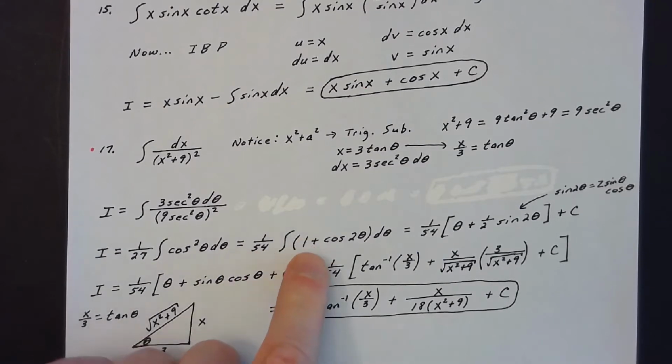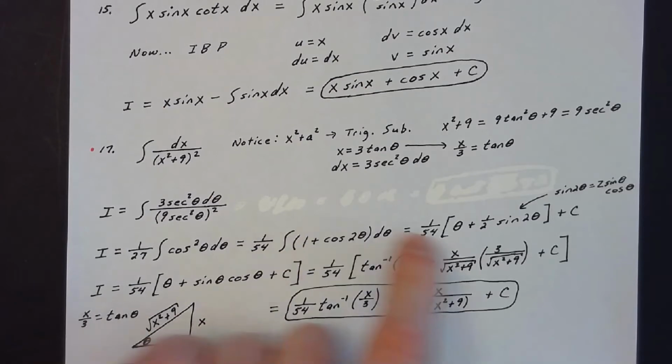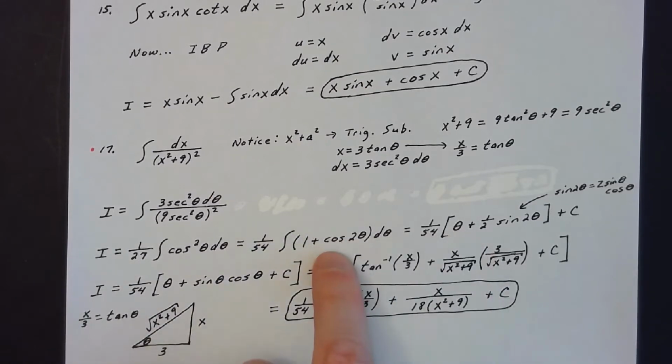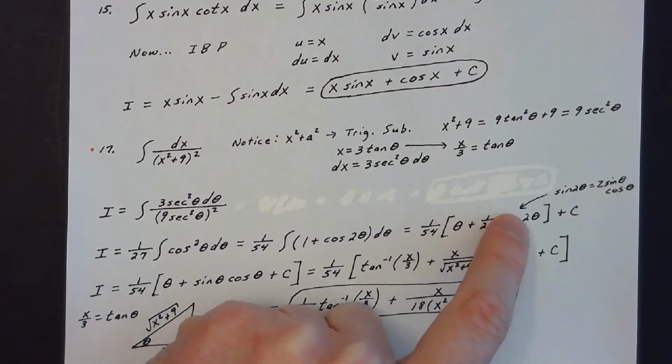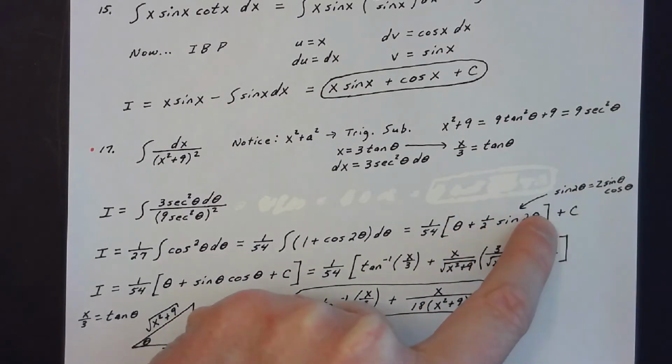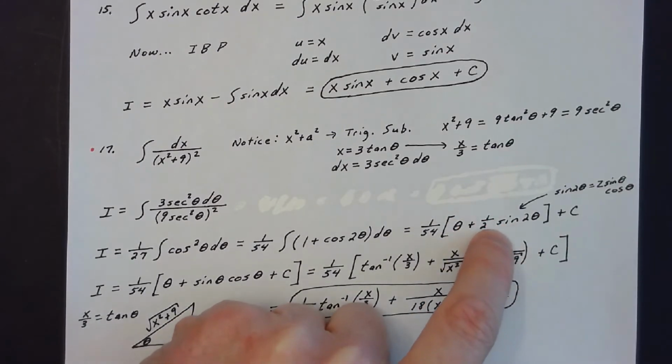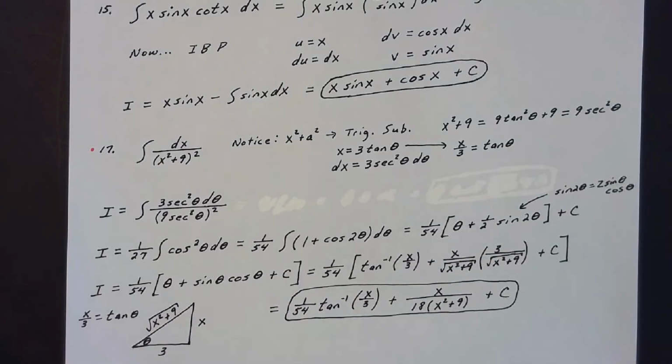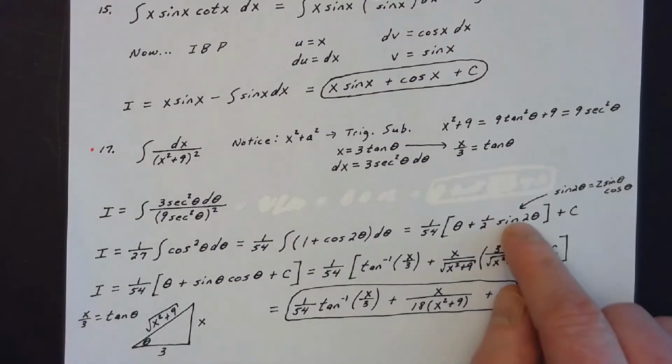Now, whenever you're integrating this, the integral of 1 is just going to be theta. The integral of cosine 2 theta with respect to theta is going to be the sine of 2 theta divided by 2. It's the reverse chain rule there. Of course, plus the constant of integration. I can't leave that second term inside this group to be the sine of 2 theta because I can't get it back in terms of x.